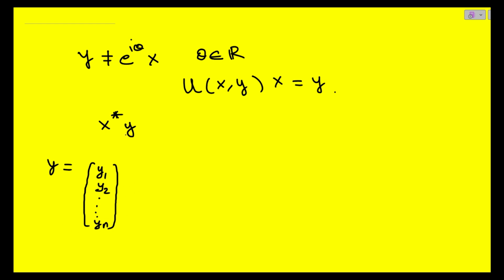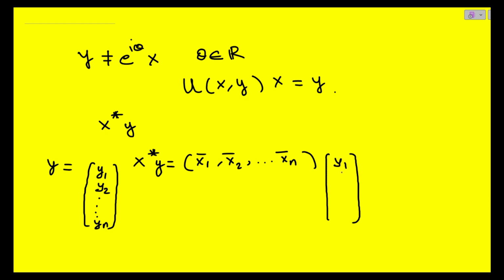So we are going to assume all of them are column vectors, and the reason for doing this is because x is again a column vector. When you take the conjugate and transpose, this will become a row vector, right? x1 bar, x2 bar, xn bar, right? All the xi's are complex numbers, so you just take the transpose of it, so that means it becomes a row vector, right? So now x star times y, right? So let's multiply y here. So that means you're multiplying by a column vector, which is y1 till yn.